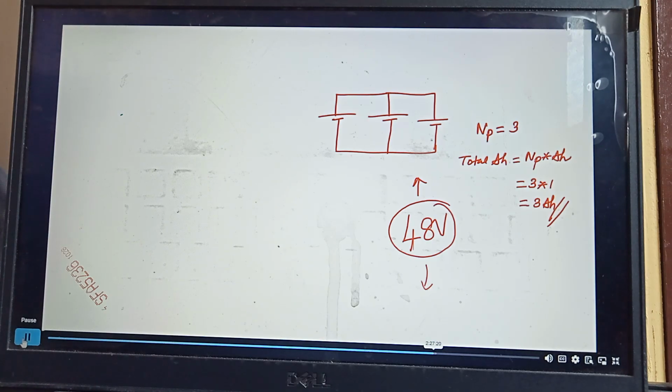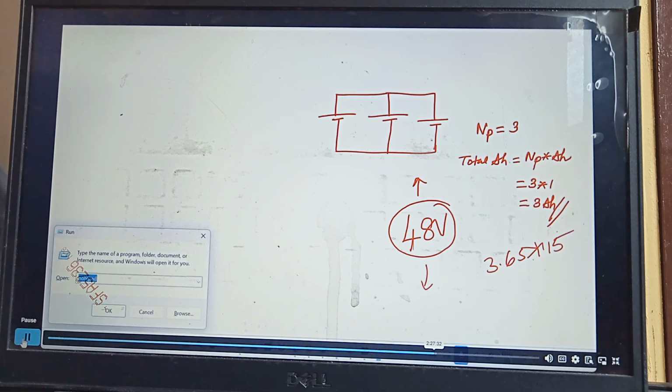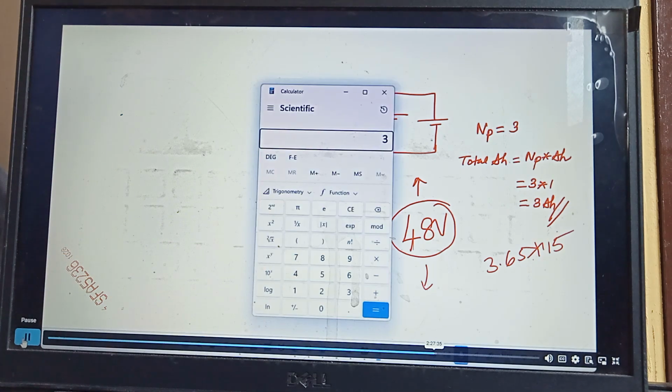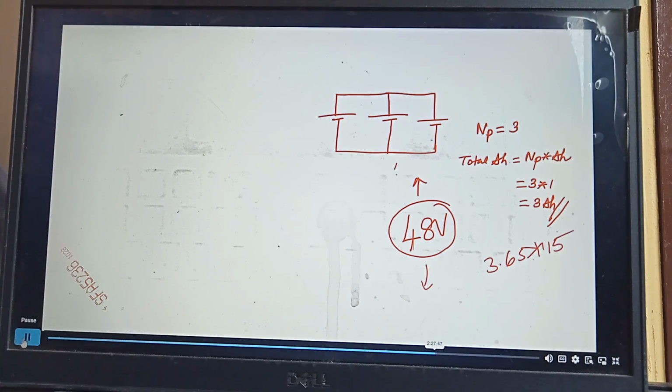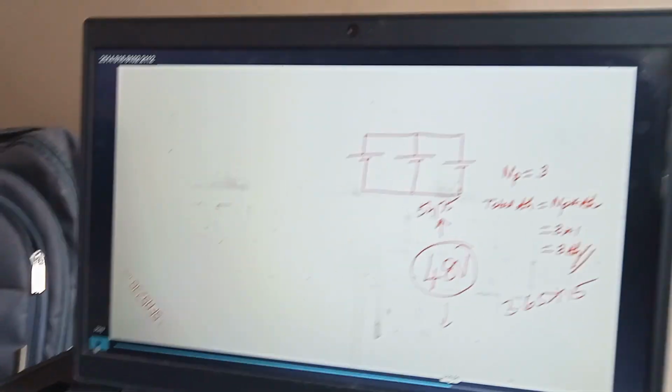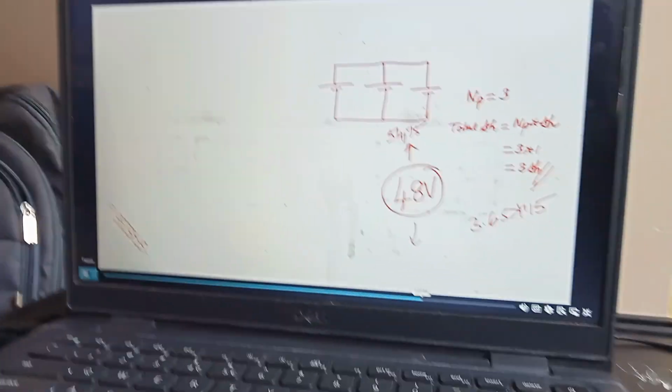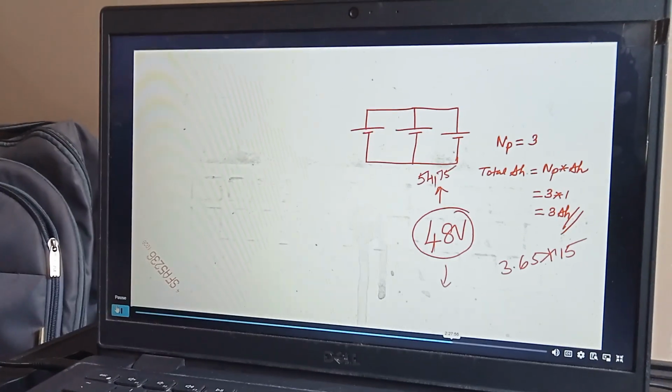Let's say you have a charger. Your charger will monitor whether the battery reaches 3.65 into the number of cells. How many cells? 15 cells, right? So what is 3.65 into 15? It is 54.75. So the charger will monitor whether the battery has reached 54.75 or not, and then the charger will cut off.